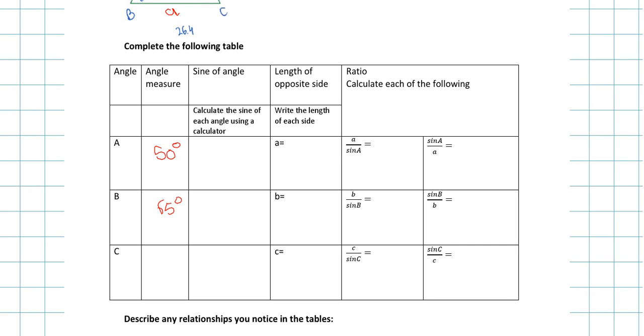So the first column is asking you to calculate the sine of each angle using a calculator. Okay? So using your calculator, you're going to do sine 50, sine 65. Remember that when we're doing the sine 50, to how many decimal places do I want to leave my answer? 4. Okay? So what do you get?